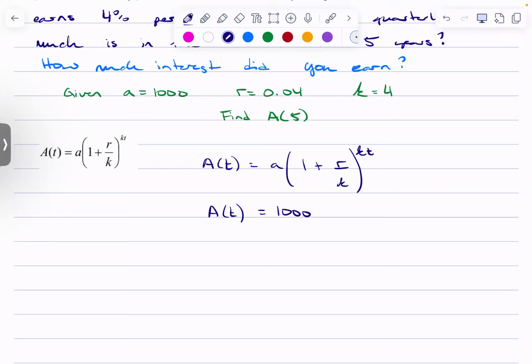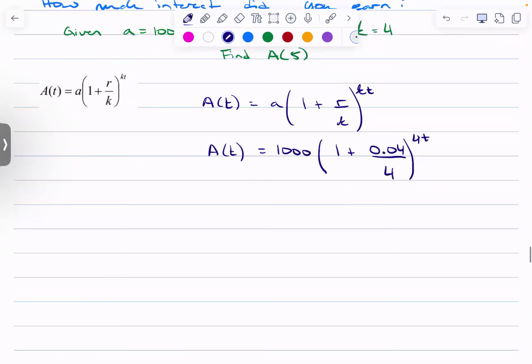The initial amount that I've invested is $1,000 times 1 plus a rate of 4%, so 0.04 divided by 4, that's nice, and 4 times t. Just keeping a generic t for now, in case you wanted to work with different time periods. A of t simplifies to 1,000 times 0.04 divided by 4 is 0.01 and then plus 1. So we can rewrite this as 1.01 to the power of 4 times t.